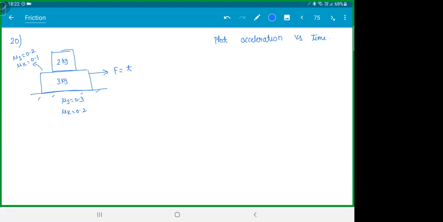We have done this last time. Something similar, but this time I just increased the mu s, mu k on both the surfaces. How do we do this?